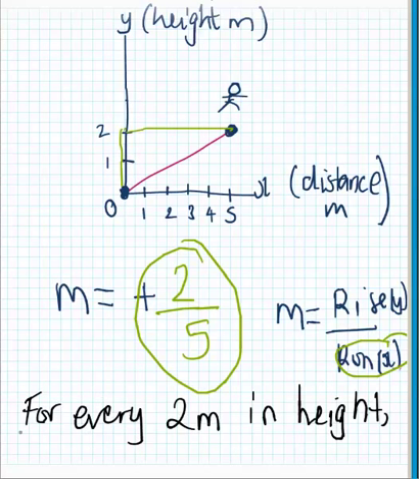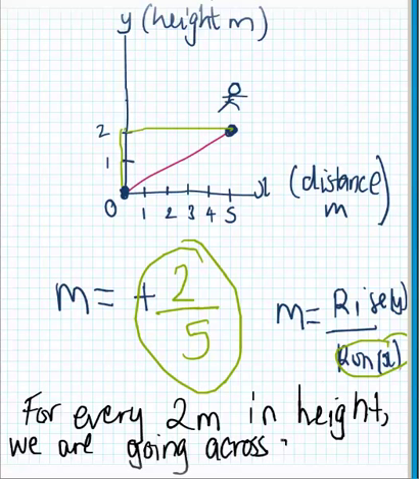For every 2 meters in height, this person, or we can say we, are going across a distance of 5 meters. And that's what it's actually telling us. And this vinculum here can mean for every. Okay, so keep that in mind, that the gradient is actually telling us something.